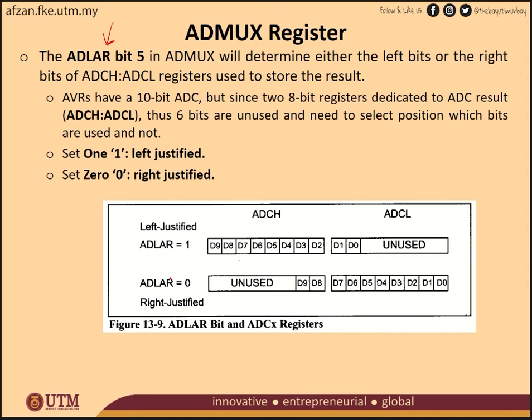If you put ADLAR equal to 0, you do a right justify, meaning you store your data from right to left. If you put ADLAR equal to 1, you use a left justify, which means you store data from left to right.